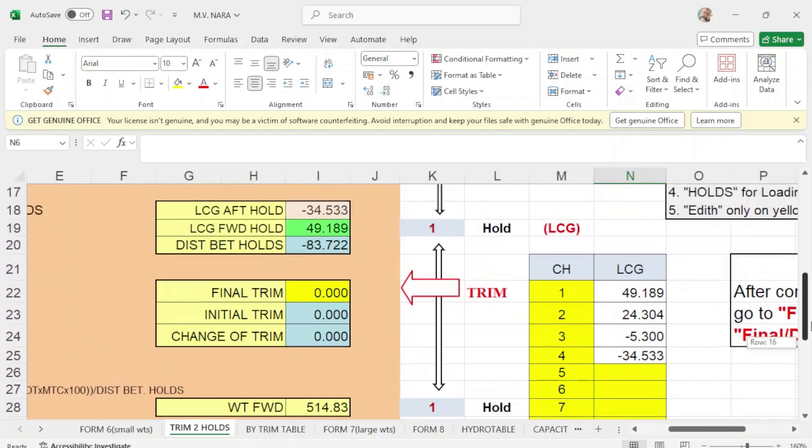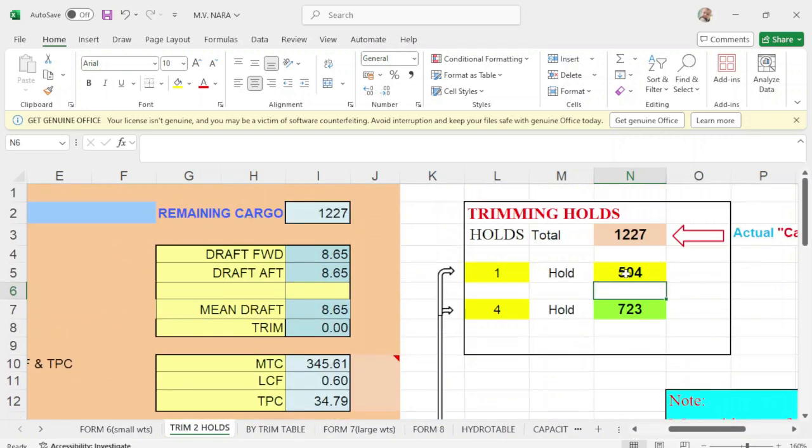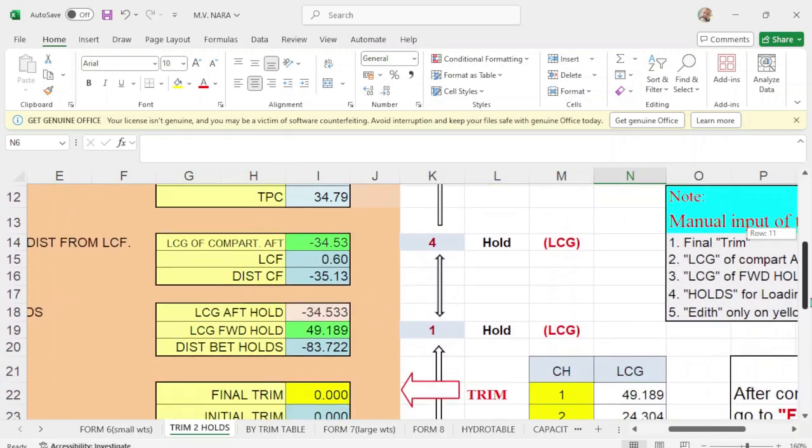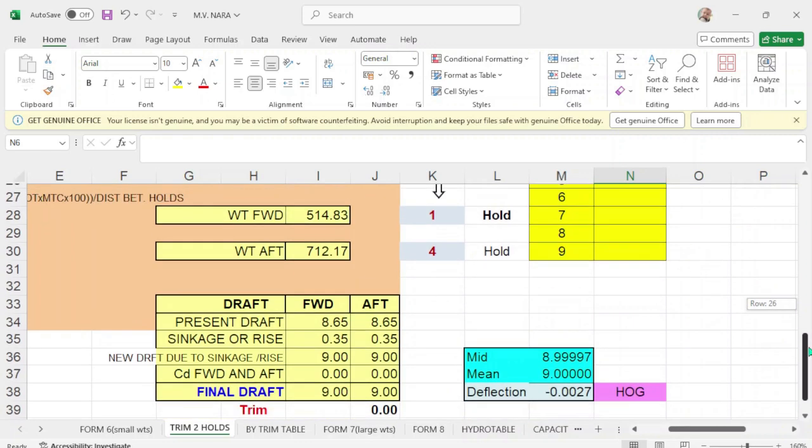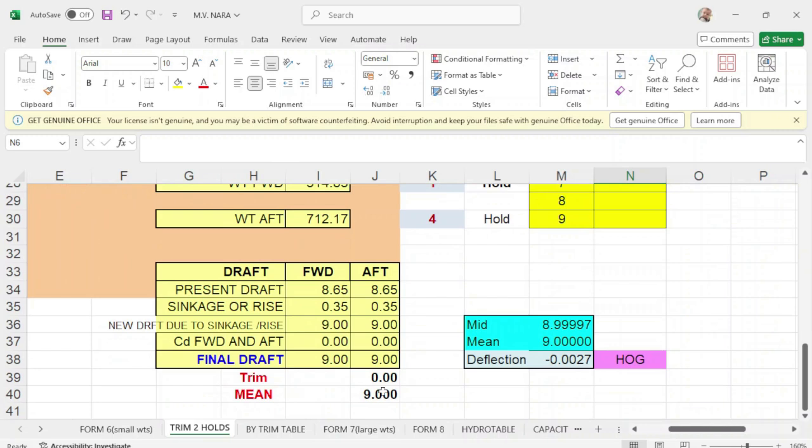Okay, we'll put here 515. And hold number 4, you should load 712, and your final departure drop would be 9 meters. Okay, and your trim is 0, your mean is 9 meters, and here your deflection is 0.